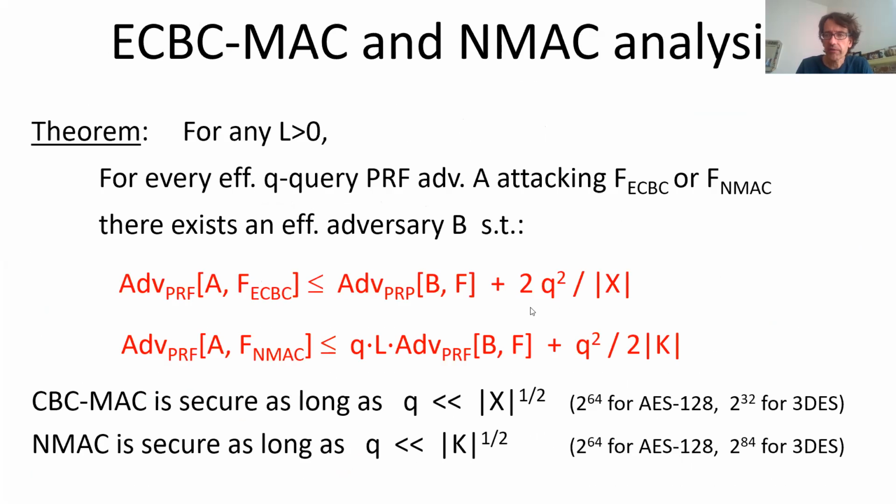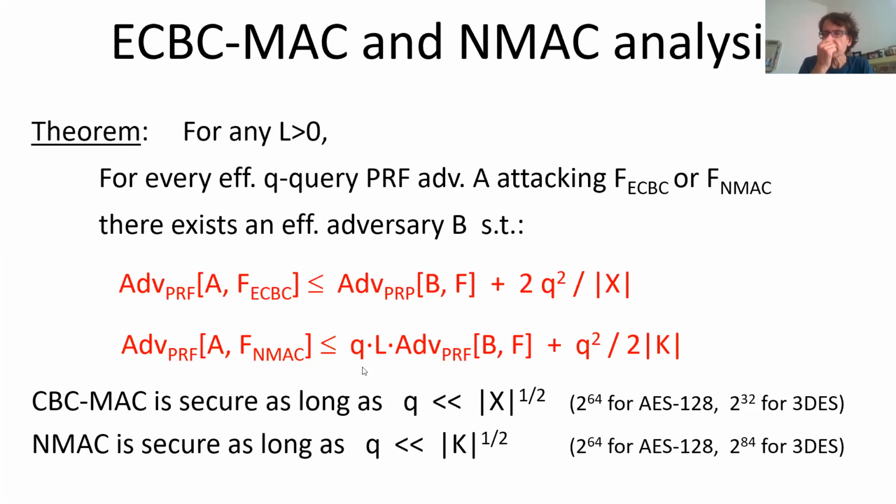The probability of these bad events, of some forms of collisions on these wires, is upper bounded by the number of queries squared over the domain range, and it is not related to the length of L. Here, though, with the NMAC, it is, and quite strongly, right?